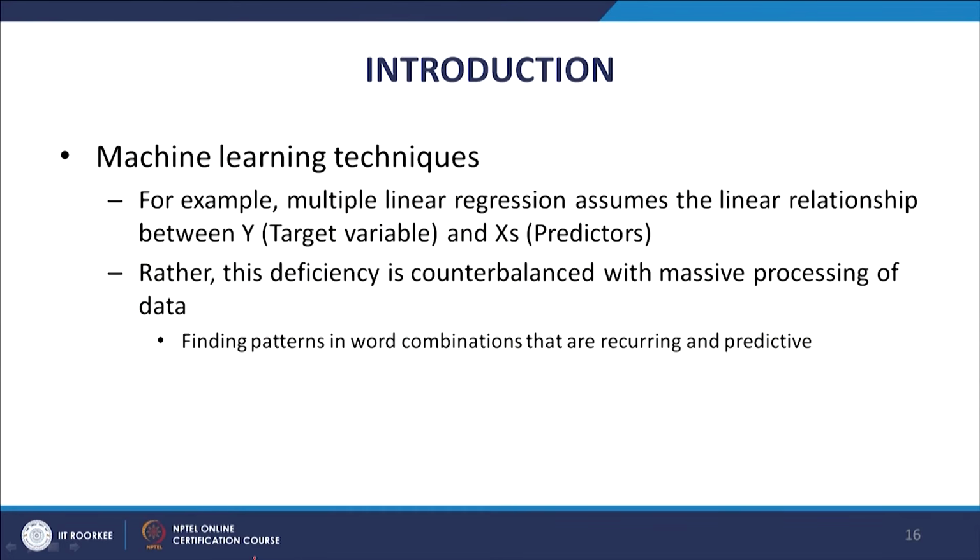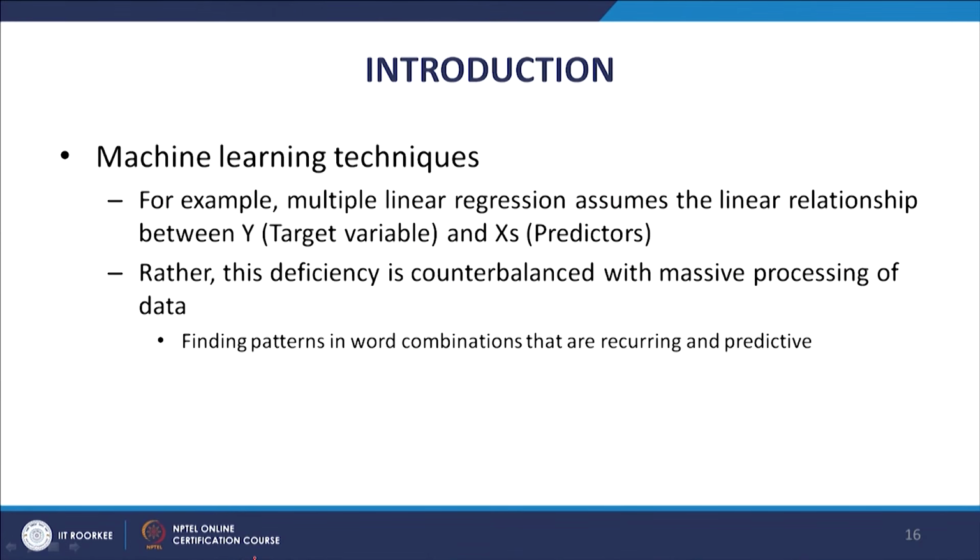So we are not assuming anything about the data, we are trying to learn whatever is there from the data itself. For example, if we take this statistical technique multiple linear regression, it is going to assume the linear relationship between y target variable and x's, which are predictors. So between y and x's, we are going to assume linear relationship in multiple linear regression, which is not the case in the machine learning techniques, where whatever kind of relationship is there, it has to be learned from the data.